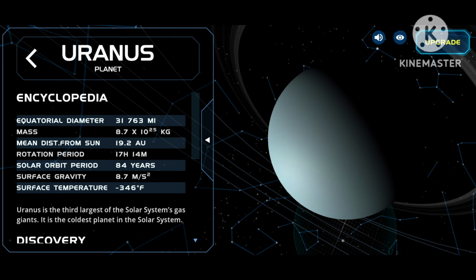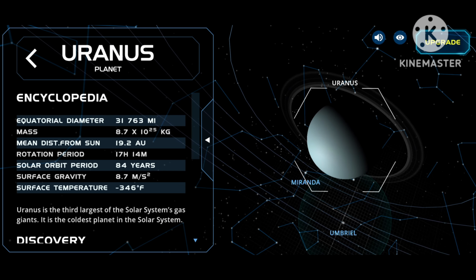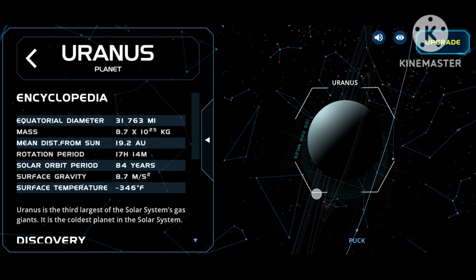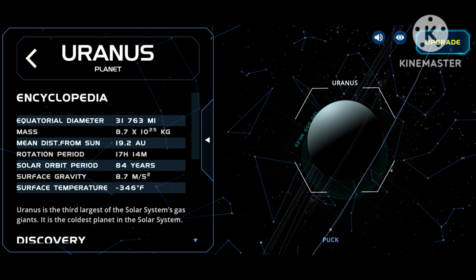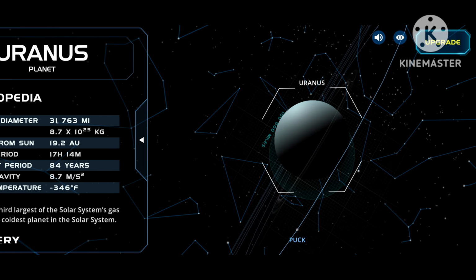The solar orbit, the revolution: it completes one revolution in 84 years around the Sun. The surface gravity is 8.7 meters per second squared, and the surface temperature is minus 346 degrees Fahrenheit.